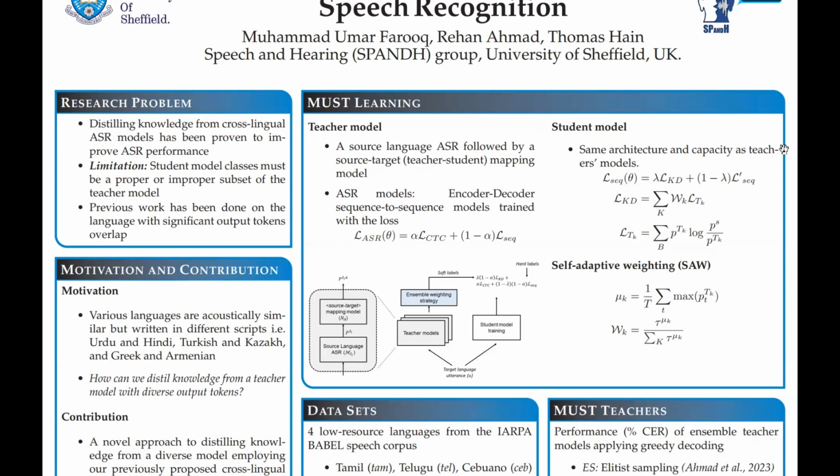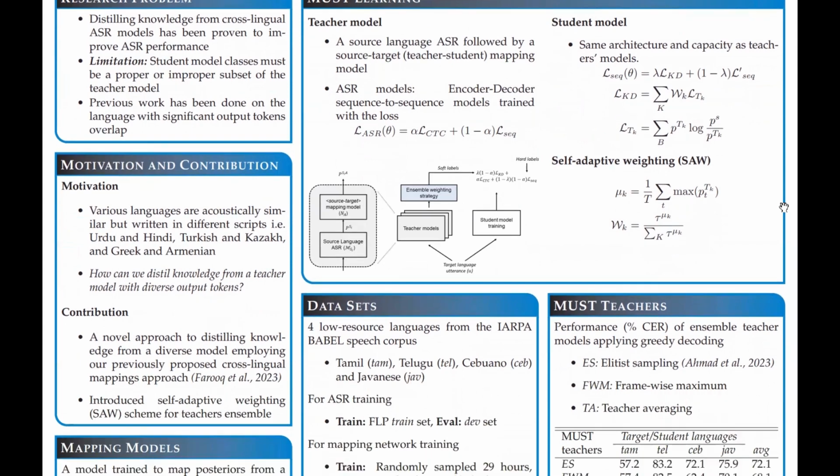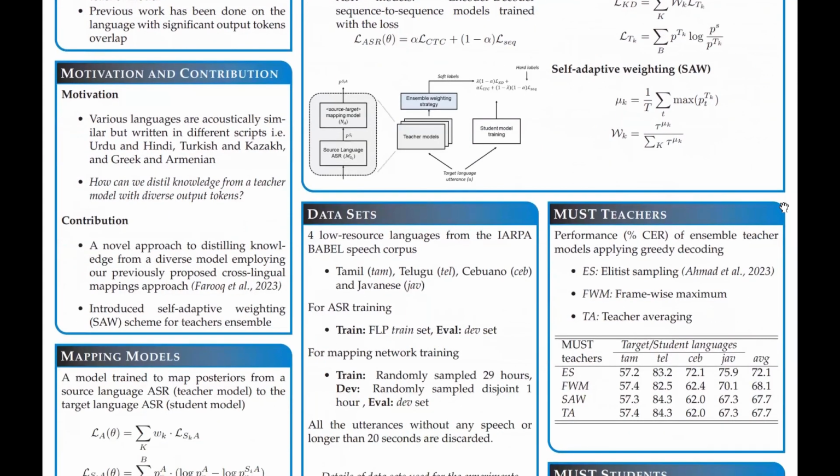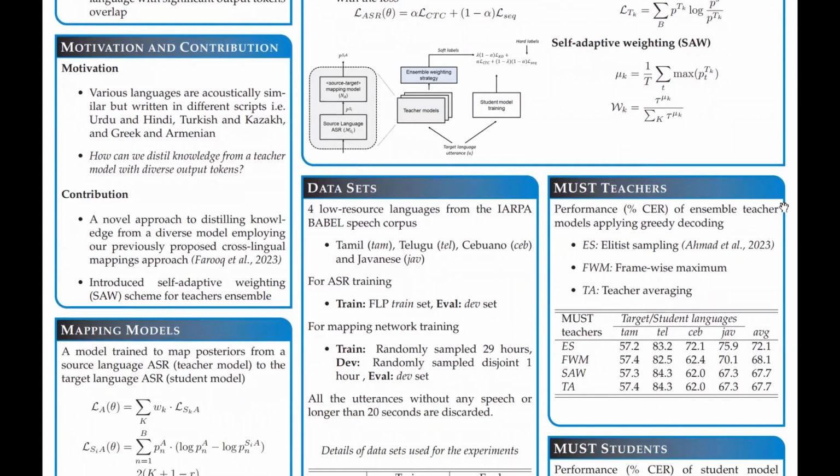And there are a lot of languages in the world which are acoustically similar but written in different scripts. For example, Urdu and Hindi, Turkish and Kazakh, and Greek and Armenian. These pairs are quite similar when spoken, but in writing their scripts are different.